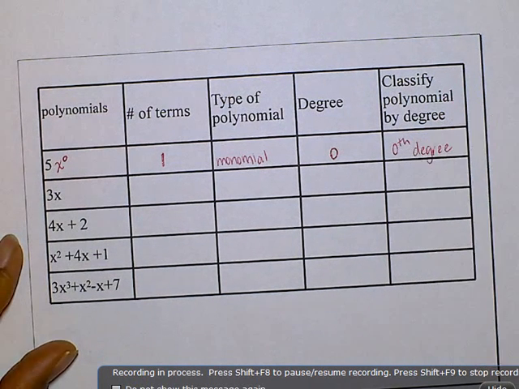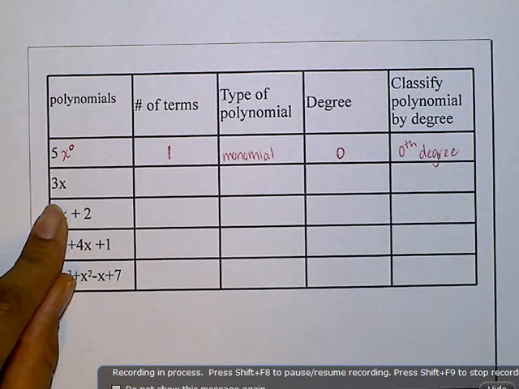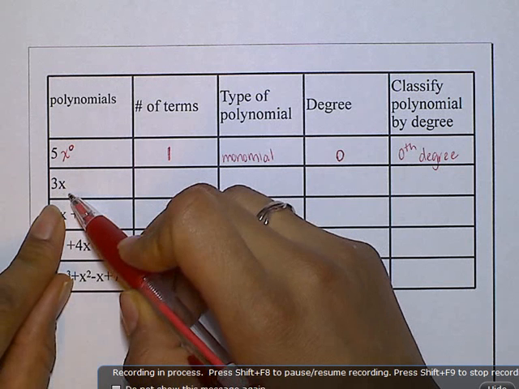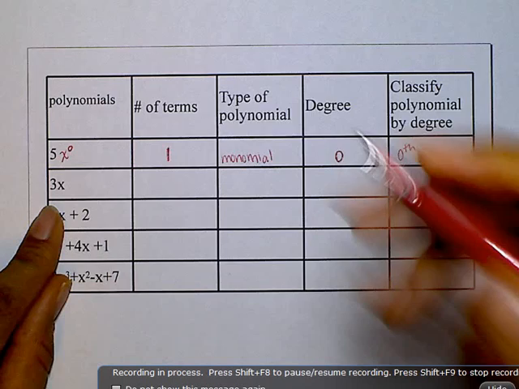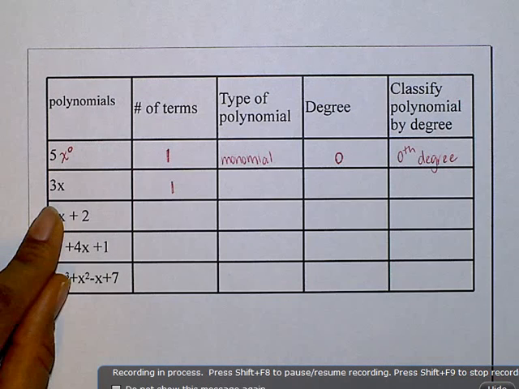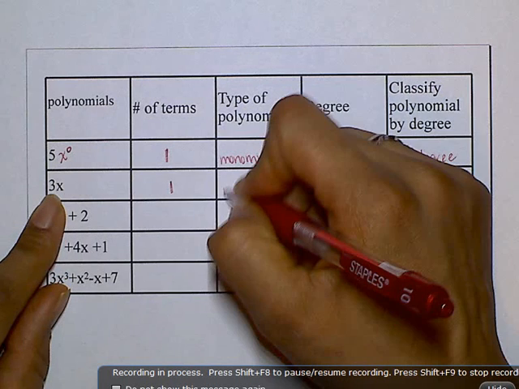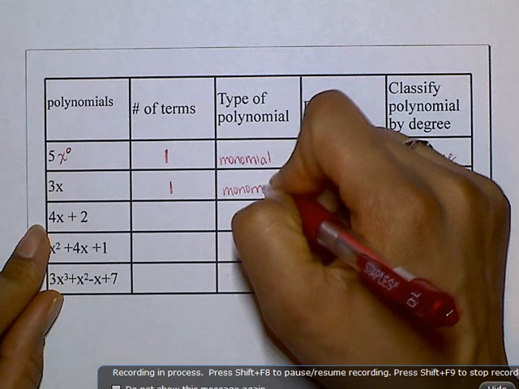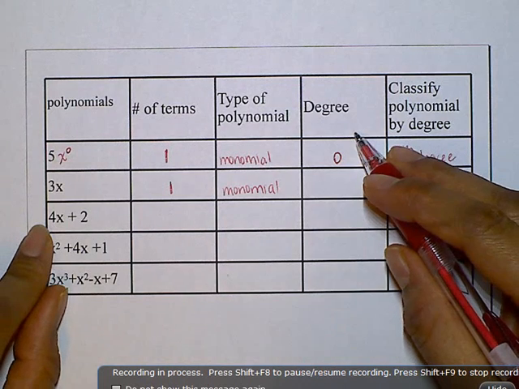Alright, so you have 3x here. The number of terms, again, is one term because you have a product of a numerical coefficient along with this variable. The type of polynomial, since there's only one term, is also a monomial. The degree, we're going to look at the highest exponent on the variable. So the exponent on this variable is 1.